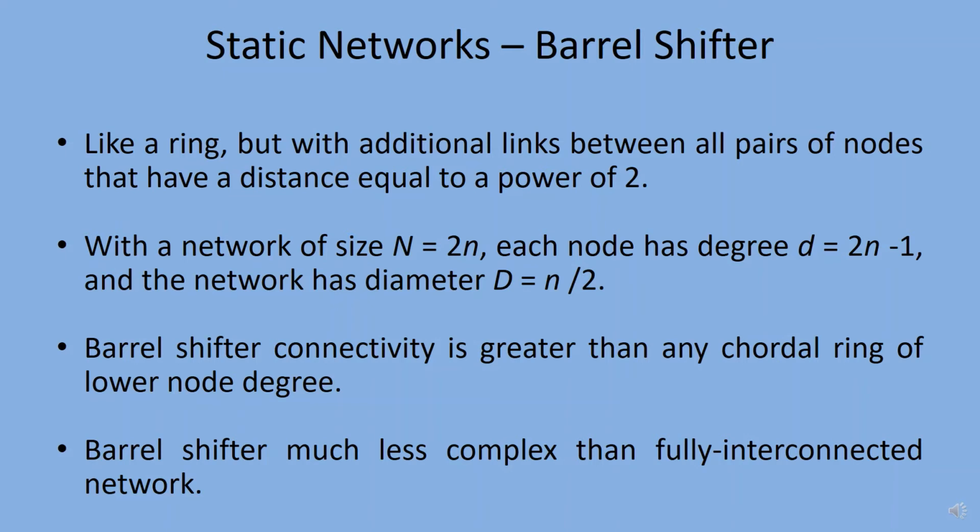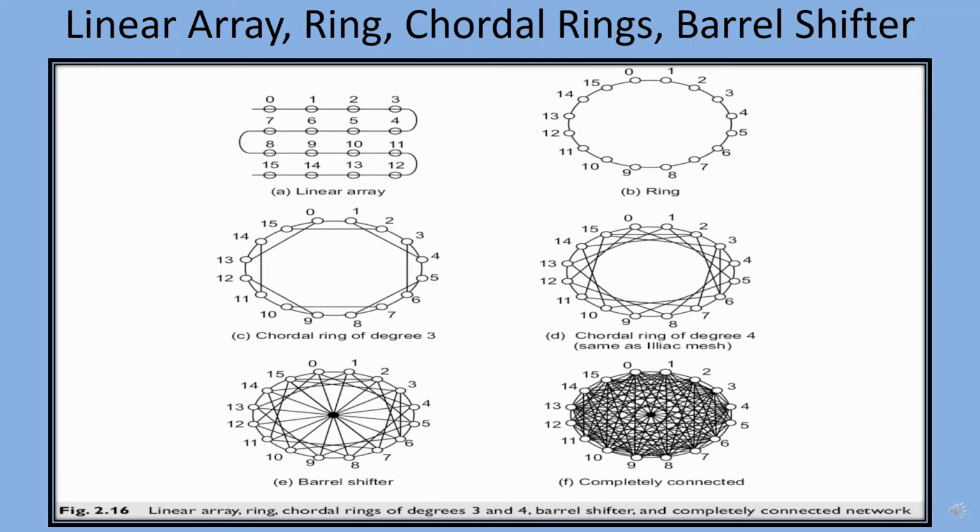Barrel shifter connectivity is greater than any chordal ring of lower node degree. Barrel shifter is much less complex than a fully interconnected network. The diagram shows the difference between linear array, ring, chordal ring of degree 3, chordal ring of degree 4, barrel shifter and completely connected network.